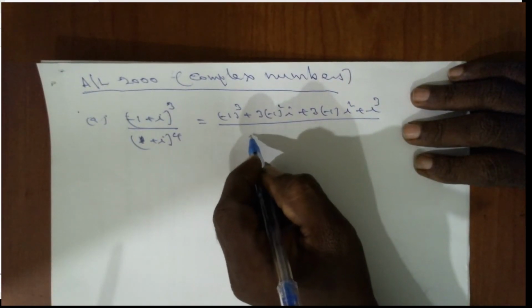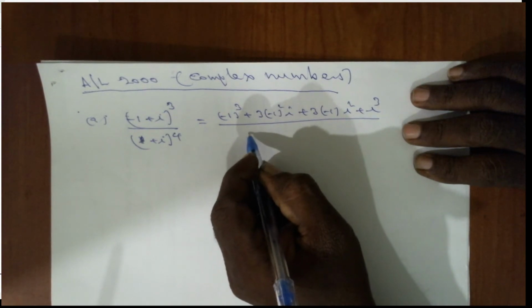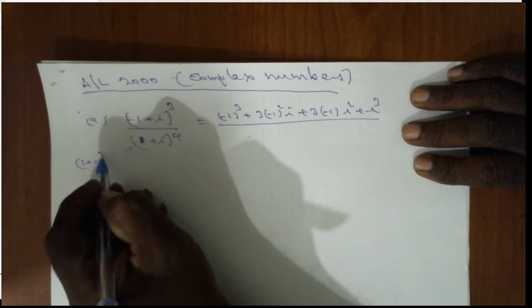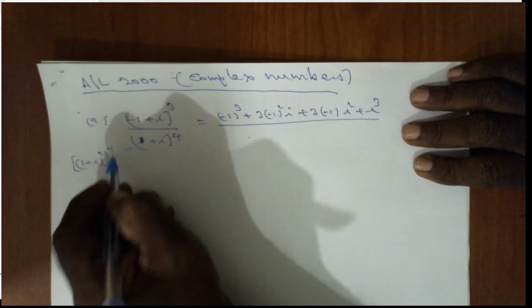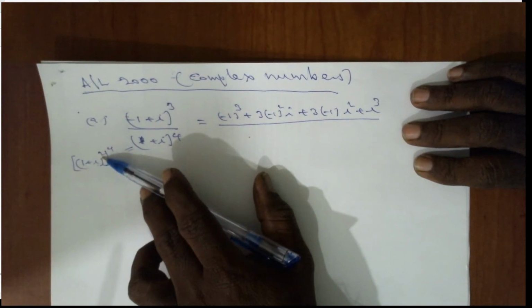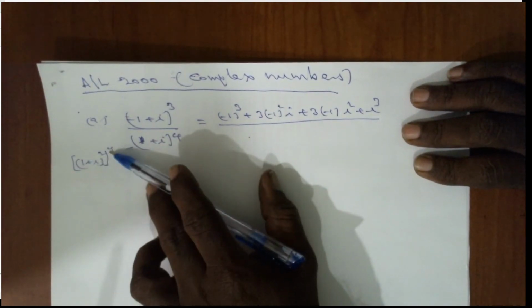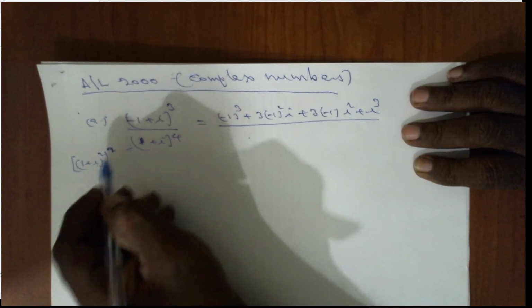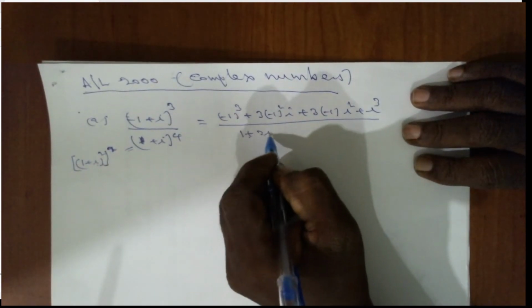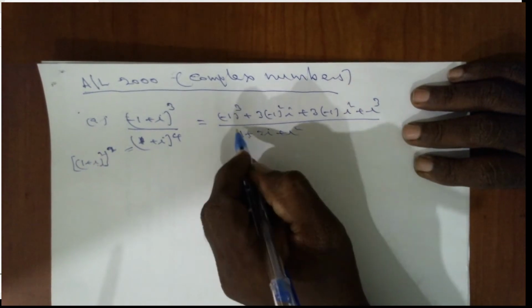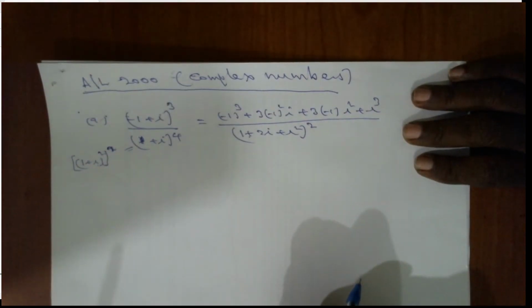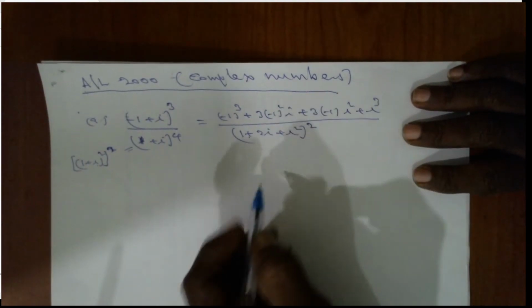That is, you can write this as ((1 + i)^2)^2. So if you expand (1 + 2i + i^2) whole thing to the 4, right?